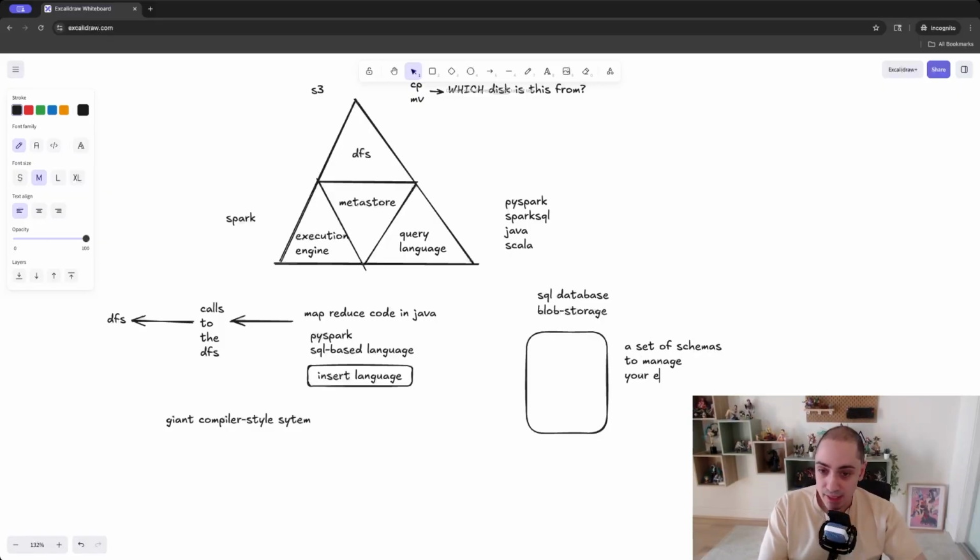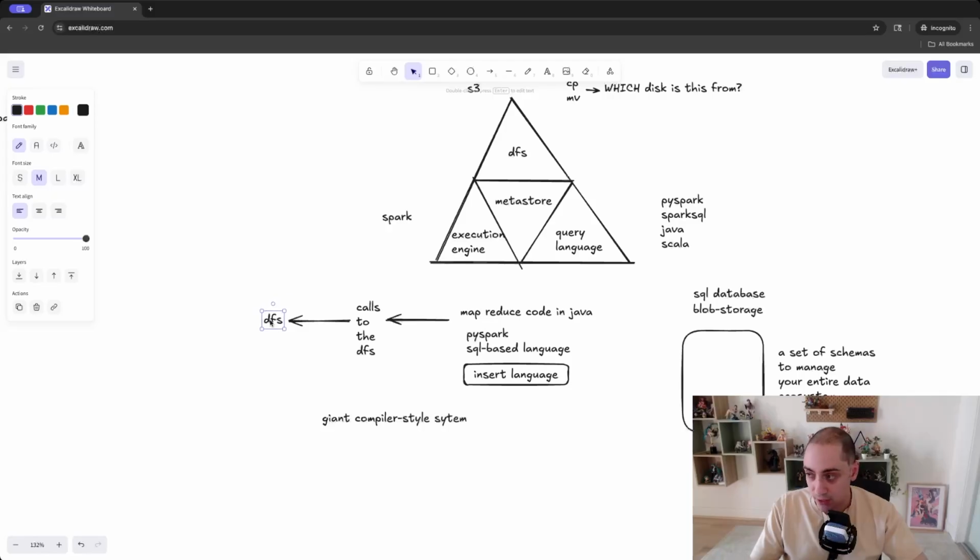So you want to reach your DFS, right? But the question is, where is it? That's what this is doing. So it's like, where in the DFS is my data? That's an example.